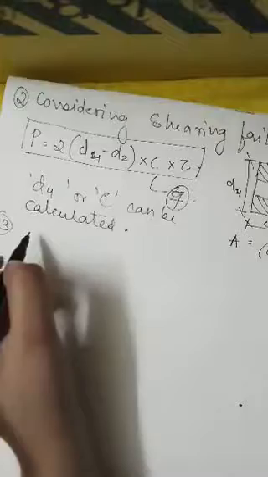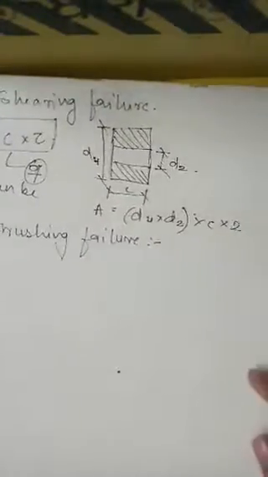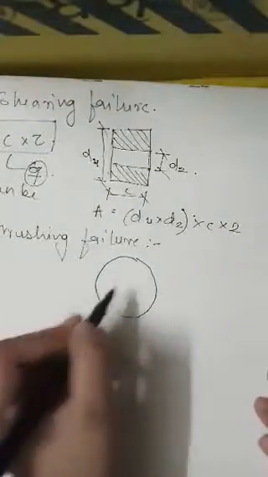For part number 3 of step number 4, we will consider crushing failure, just as we have considered for the spigot. Considering crushing failure, our resisting area will look something like this.